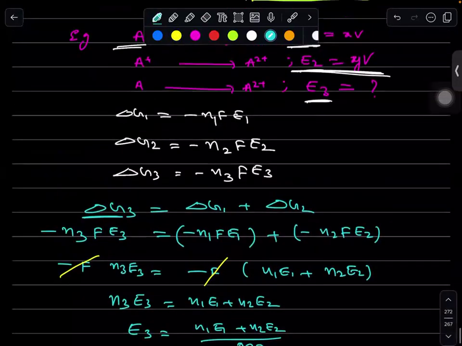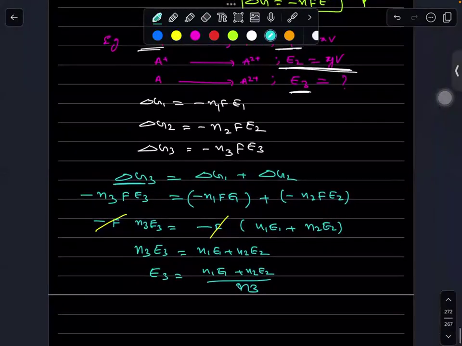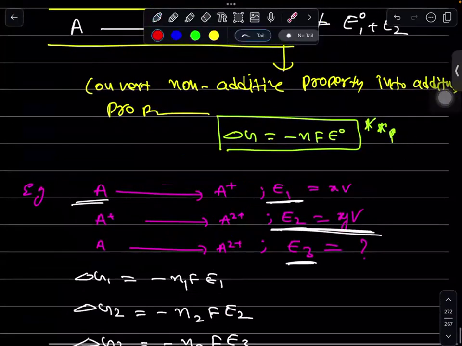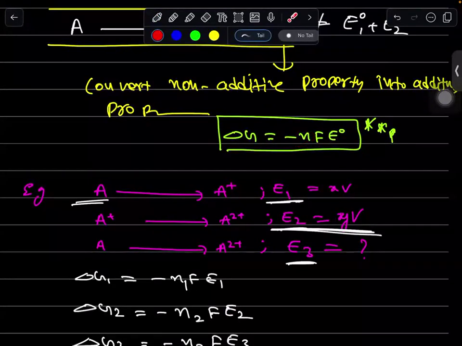Now we'll substitute the values. In the formula del G equals minus nF E, what does N stand for?